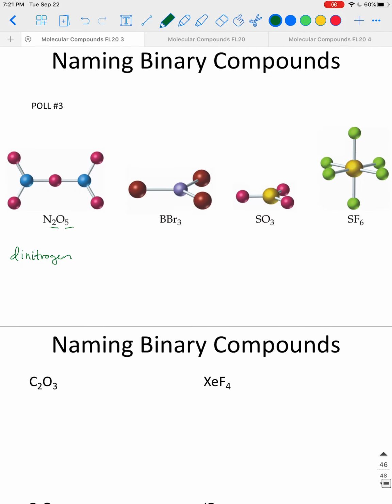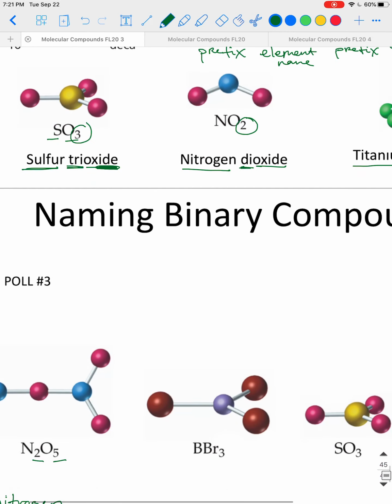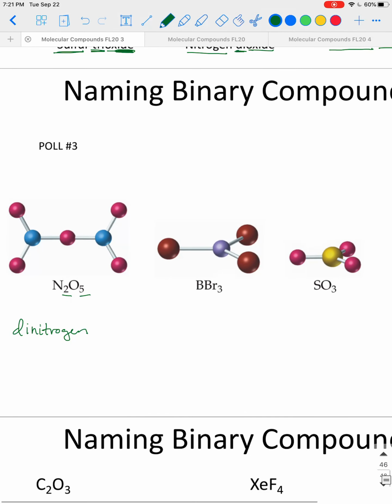But not for the first element. So dinitrogen, what's the prefix for 5? Let's go see. 5 is penta. So it'd be dinitrogen. Now, okay, one other exception here. We're going to drop the A. So it's just going to be pentoxide. And this honestly isn't a chemistry rule. This is an English rule. They don't want A and O, 2 vowels next to each other.